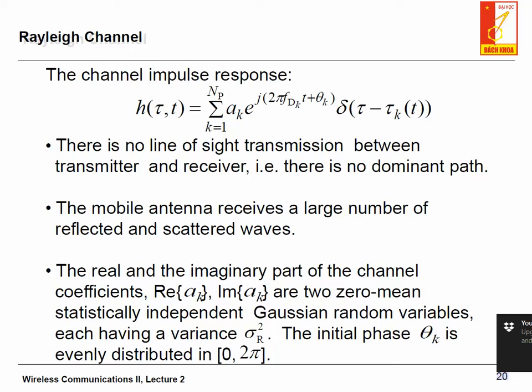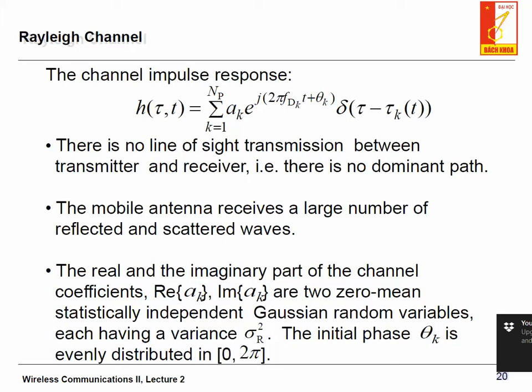And in this case, the channel has a distribution function that follows the Rayleigh distribution. We call that a Rayleigh channel. Here is the mathematical description of the channel response. We suppose that there is no line of sight path between the transmitter and receiver.